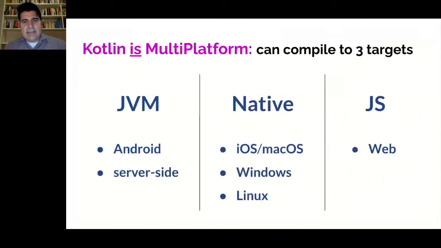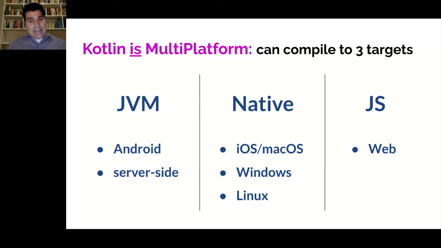So when we say Kotlin Multiplatform, it's not really a proper way to put it, because Kotlin is a multi-platform language. Kotlin started as a JVM language, mainly for Android and also for the backend, but it became popular thanks to Android, when Google elected it in 2017 as an official language on Android, and then in 2019 as the primary language for Android.